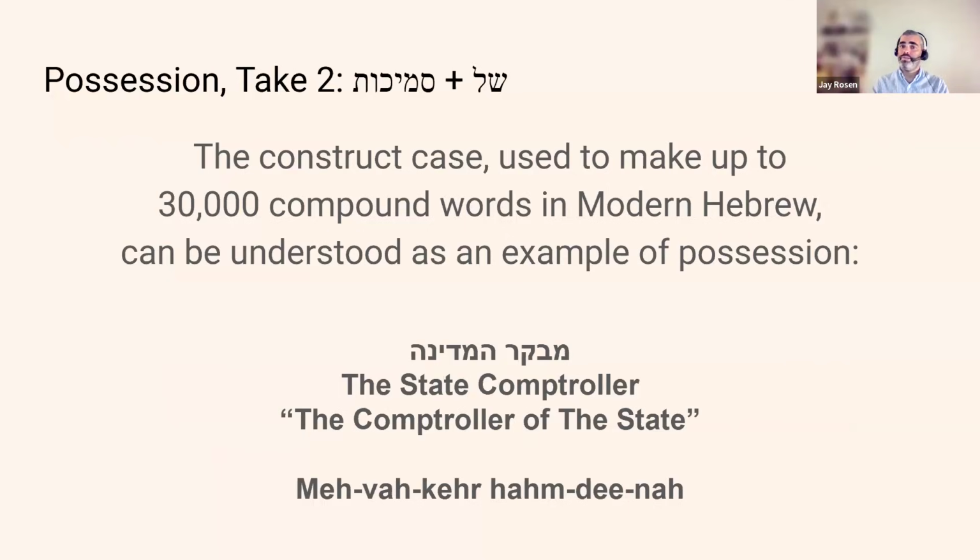Same thing here. Mevaker Hamedina, the state comptroller, right? Mevaker is someone who critiques. It's also someone who visits, but it also means someone who critiques. And medina is the state. So the state critiquer or the critiquer of the state or the commenter of the state or the criticizer of the state comptroller.